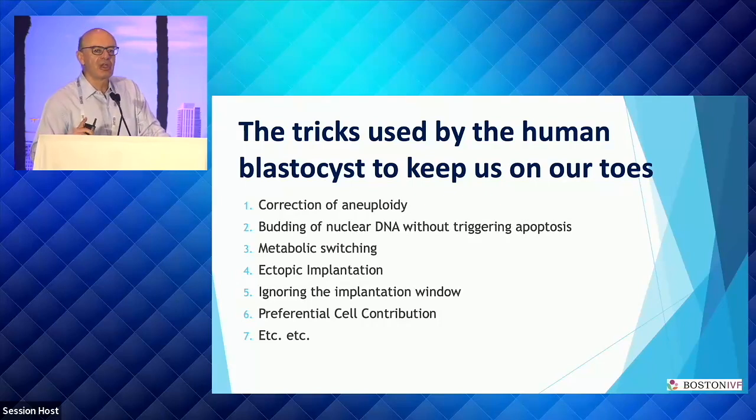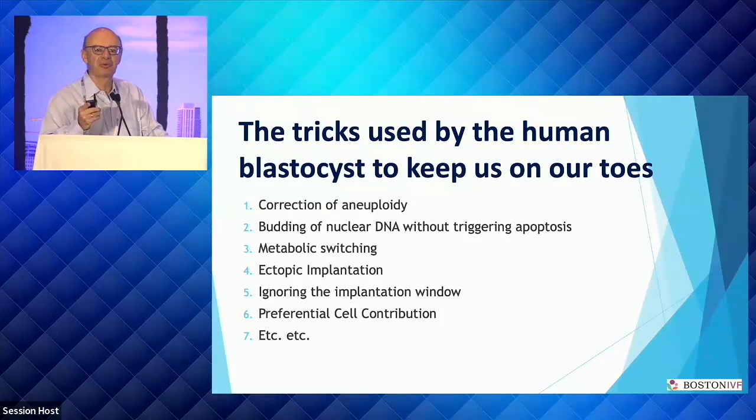Humans are one of the only species that will do ectopic implantation. A blastocyst wants to implant somewhere, and the human blastocyst ignores the implantation window. There is no other species in the world where you can put a 2-cell or a 4-cell or a pronucleus in the uterus and get a pregnancy.